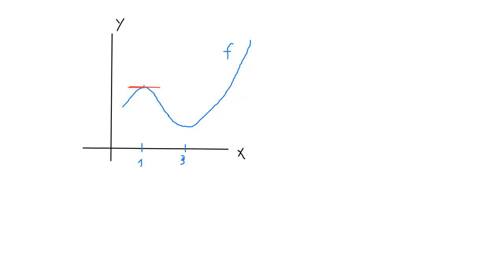Where it does that switch, the tangent line's flat. What about when x equals 3? Is that a local min or a local max? It's a local min, and you can see at x equals 3, the tangent line's flat there.